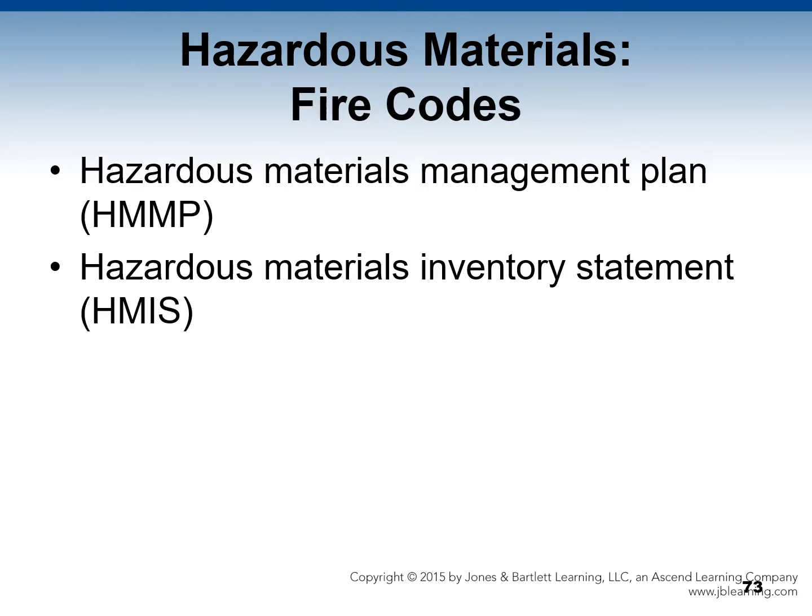Now let's talk about fire codes in relation to hazardous materials. A Hazardous Materials Management Plan, or HMMP, is required in most codes. It explains how hazardous materials are to be used and stored safely within a building. These are all required on a site that has, uses, stores, or manufactures hazardous materials.